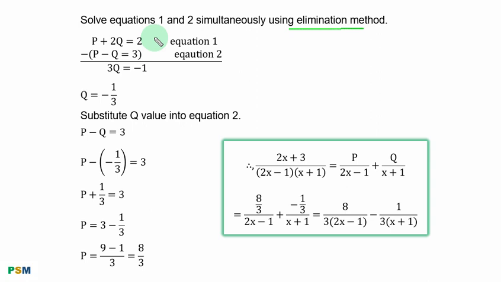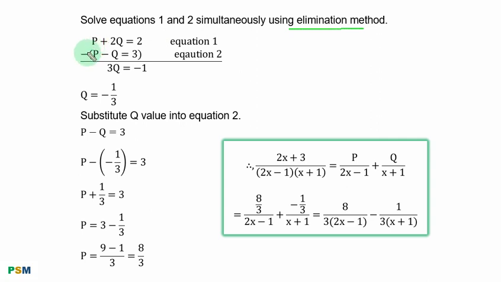I'm going to eliminate variable P. I will do that by subtraction. Variable P, the coefficients are the same in both equations, 1, 1, and the signs are also the same, positive, positive. You have to subtract.